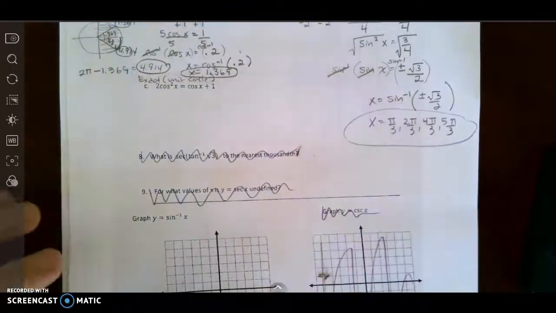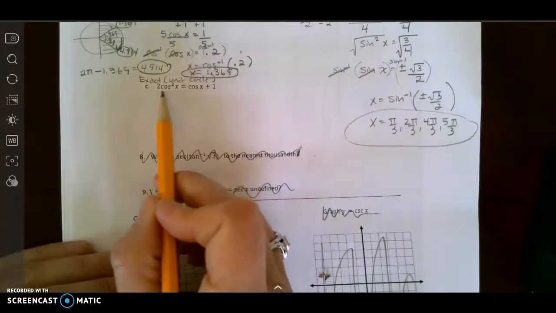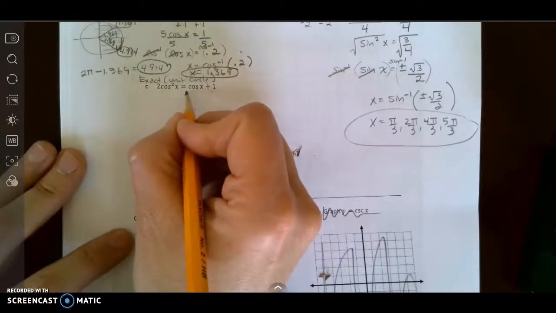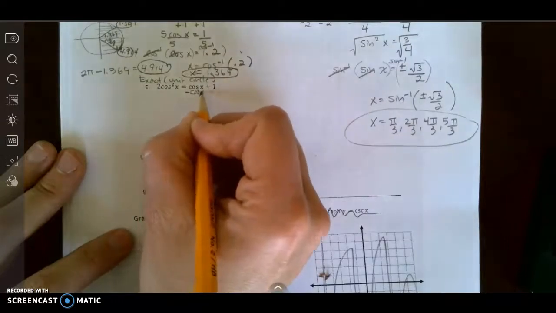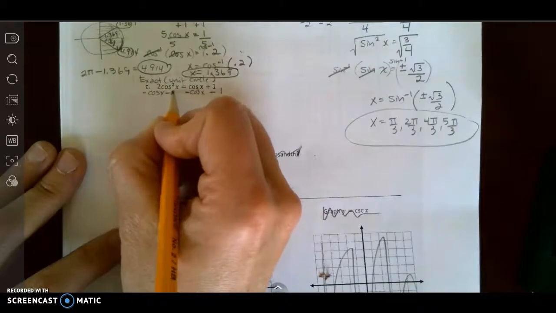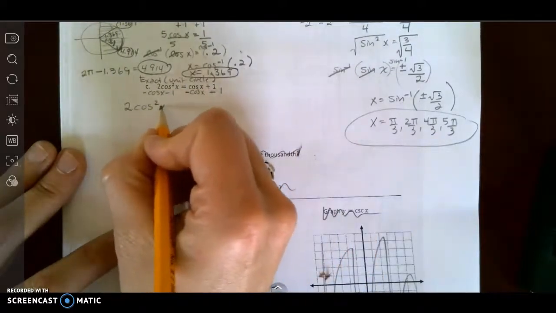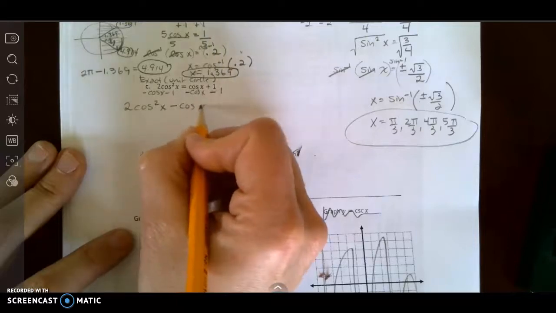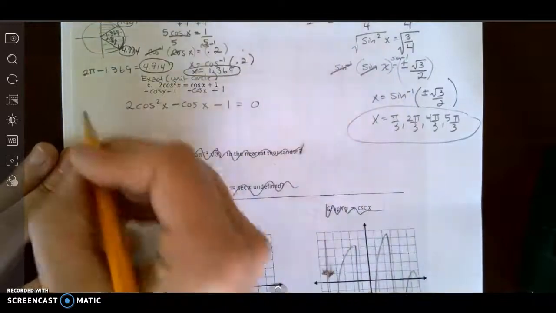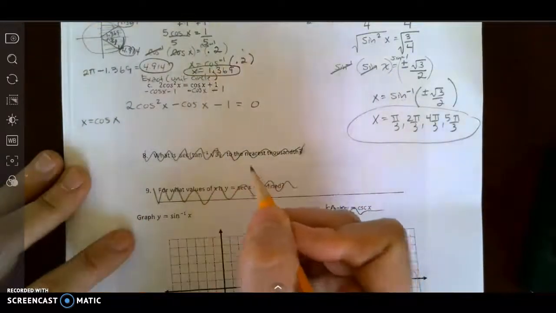Right, let's go to letter C. You can tell that this is going to be one of those quadratics where I set it equal to 0 and I factor it. So I'm going to move all this over to the other side, because you always have to have quadratics set equal to 0. And I'm going to let x equal the cosine of x.